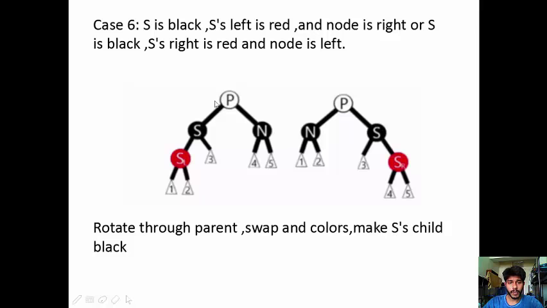In swapping, what we finally get is, first, the leaf nodes. In the leaf nodes, the color of SL in this case and SR in this case will be transformed into black.